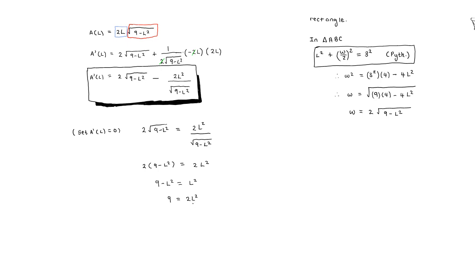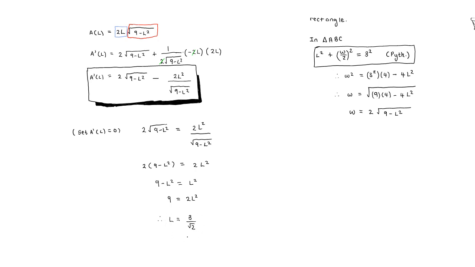Taking the square root of both sides, we have that therefore L equals the square root of 9 over 2, which simplifies to 3 over the square root of 2. So now we have our dimension for the length.